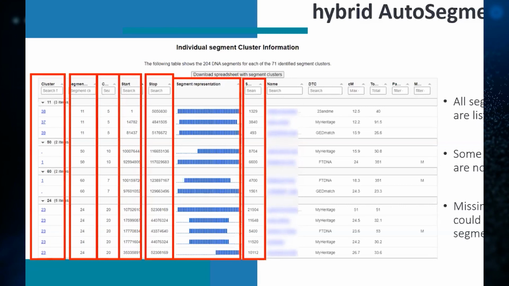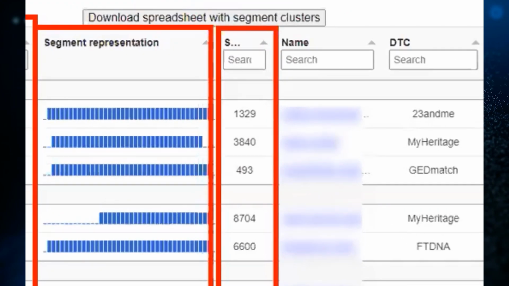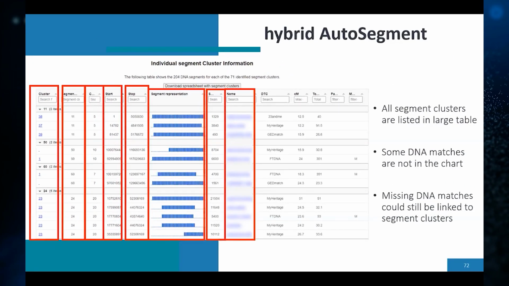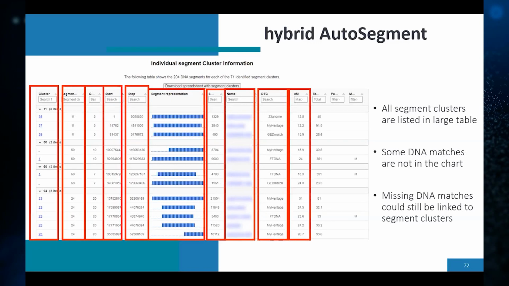So we have the SNP count, which is sometimes also quite different. You can see here, for instance, in the top section, we have a SNP count for 23andMe of 1329. On MyHeritage, it's almost 4,000, and on GEDmatch, it's only like 500. So it's amazing, those differences between the companies. It's really striking sometimes. These are the names of the DNA matches all blurred out, and the companies where they come from, and the centimorgans.